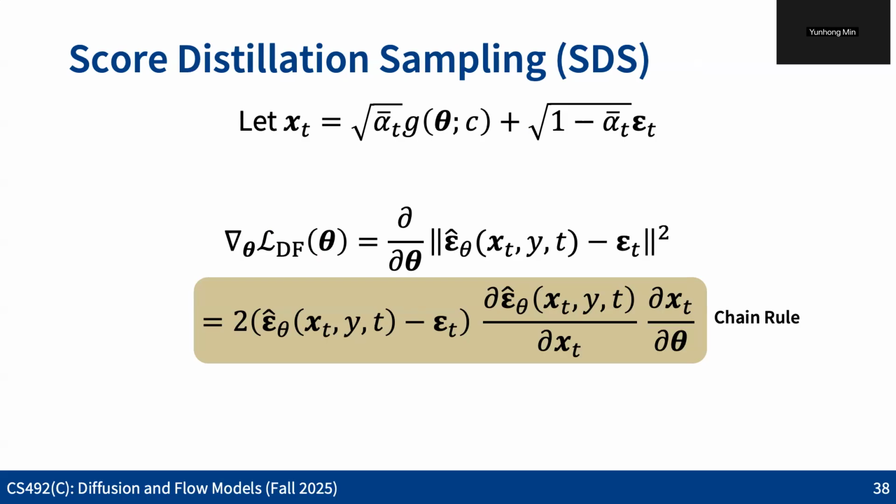Here, sorry, I think there is some notation issue, because I'm using this slide from an older version. So actually, this backpropagation should not be to the parameters of the noise predictor, but to the visual content here. So I'm going to fix the notation.